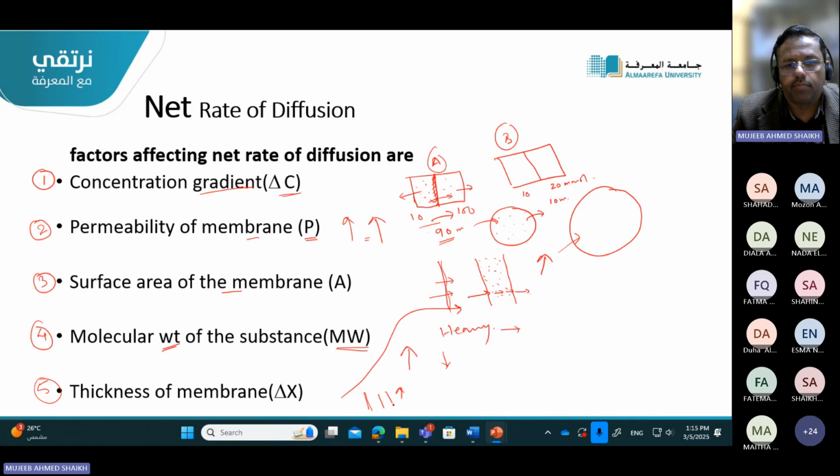If the membrane becomes thick, diffusion will be less. These are two opposite. Here, the two factors are opposite to the rate of diffusion. One increases, the diffusion rate will decrease. Here also thickness increases, diffusion rate will be decreasing.